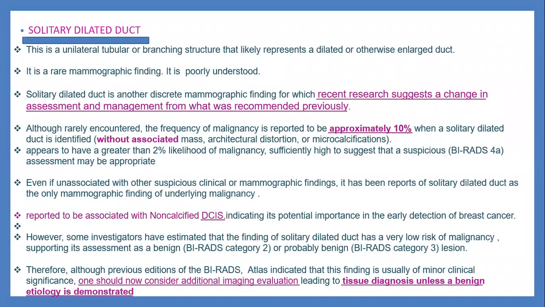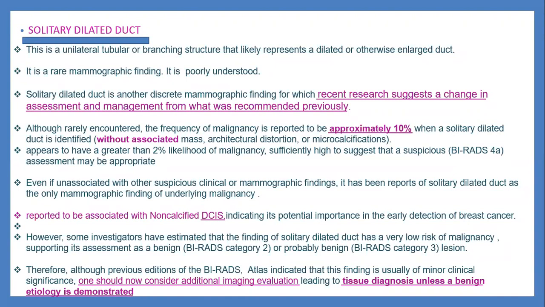See, even if unassociated with other suspicious clinical or mammographic findings, it has been reported that a solitary dilated duct can be the only mammographic finding of underlying malignancy, and was found to be associated with non-calcified DCIS, indicating its potential importance in early detection of breast cancer.